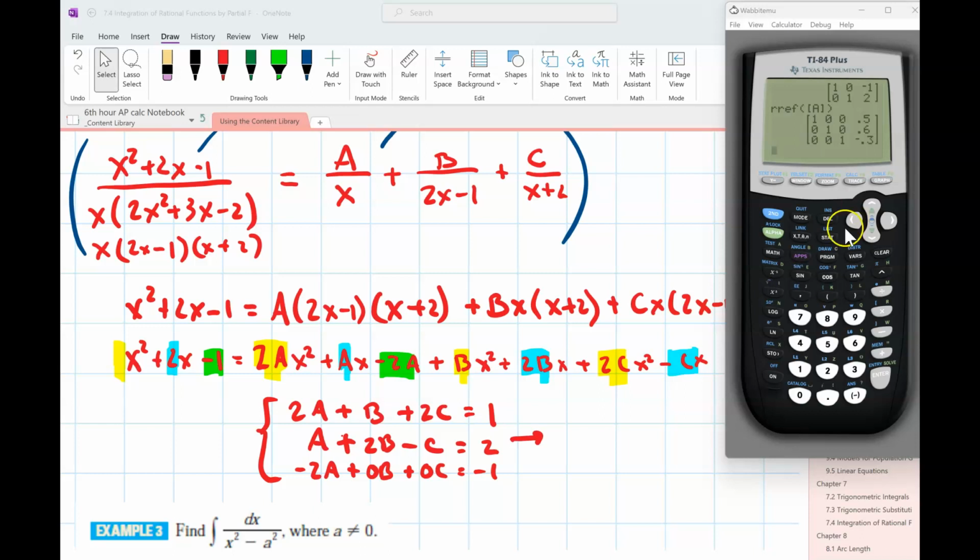Yeah, that's not right. A should be 1/2, which I got, but the B and the C are wrong. What did I type in wrong?